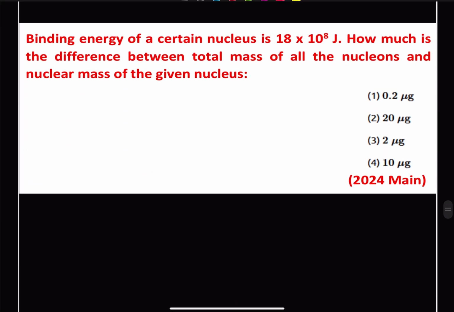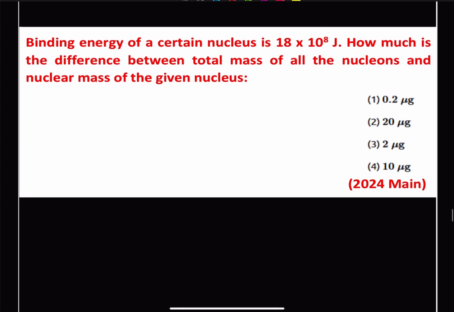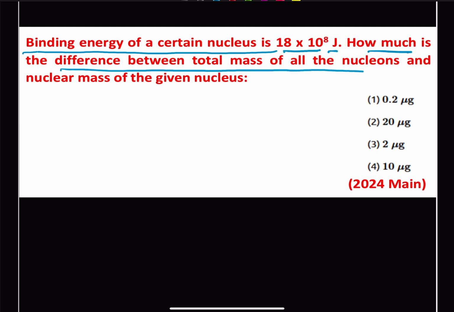It states that binding energy of a certain nucleus is 18 into 10 to the power 8 joules. How much is the difference between total mass of all the nucleons and nuclear mass of the given nucleus?